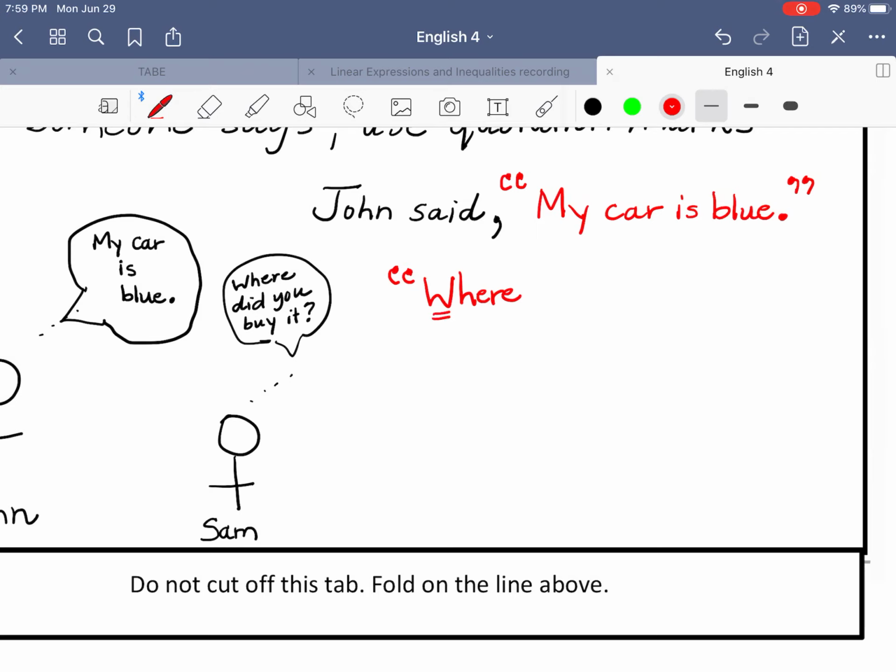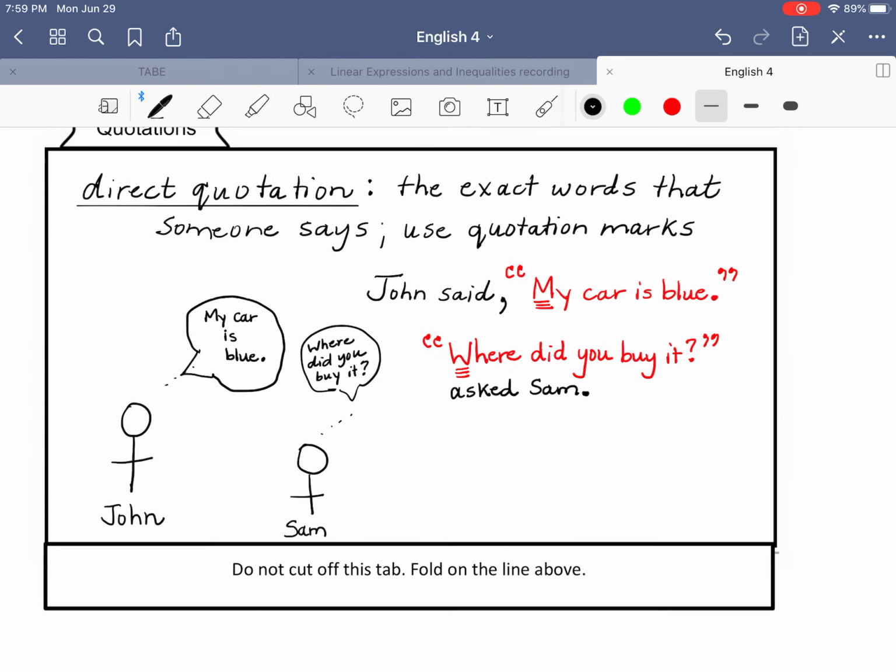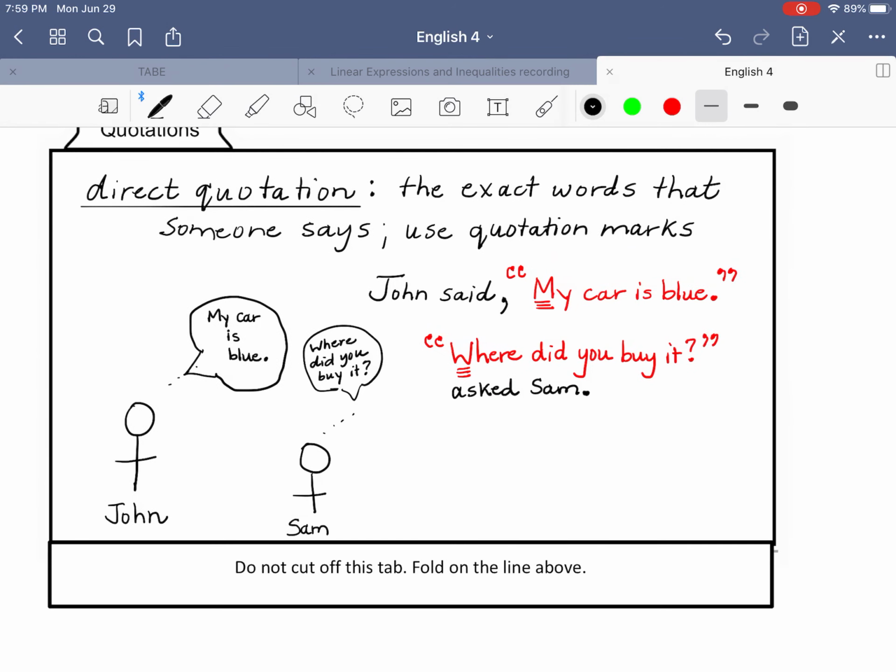That's very important. And we covered that with capital letters, but it's worth reviewing. Where did you buy it? Question mark. So there's your direct quote. Asked Sam. So the words that are in the speech bubbles go in the quotation marks, and that is a direct quotation.